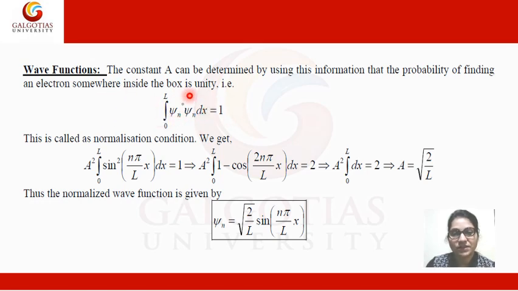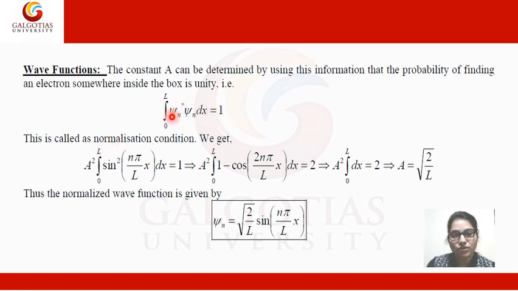According to the normalization condition, the integration from minus infinity to plus infinity of mod psi squared dx dy dz equals 1. Since we are talking about 1D and our particle is constrained in the limit 0 to L, we put in those limits. The integration over 0 to L of psi n star times psi n, also written as mod psi n squared dx, equals 1.